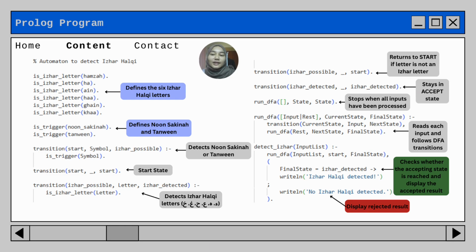If the following letter is one of the 6 IZHAR HALQI letters, the automaton transitions to the accepting state, that is IZHAR detected, and the run DFA predicate processes the input sequence according to these transition rules, while the detect IZHAR predicate checks the final state and displays whether the IZHAR HALQI rule has been detected. So this implementation allows the DFA to automatically recognize valid IZHAR HALQI patterns.